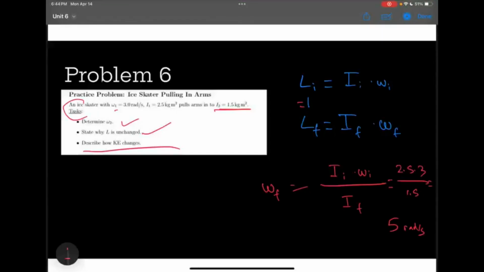Let's assume that this ice skater is at rest translationally, so the center of mass is not changing. For their rotational kinetic energy, we know that it is equal to 1/2 times I times the angular velocity squared, right?